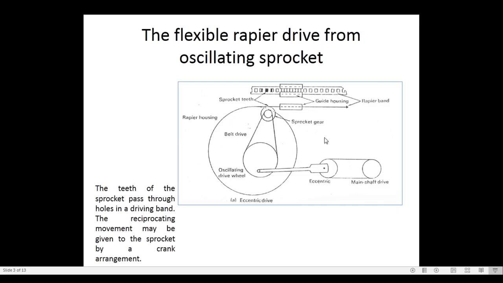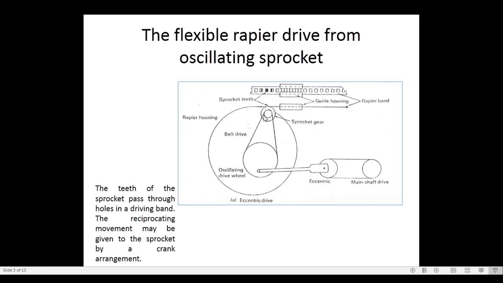Again, when it rotates, the lever goes down. This wheel moves anti-clockwise now, and the sprocket gear, instead of clockwise, moves anti-clockwise, and the rapier comes back in the housing. So this is the forward and backward movement of the rapier.